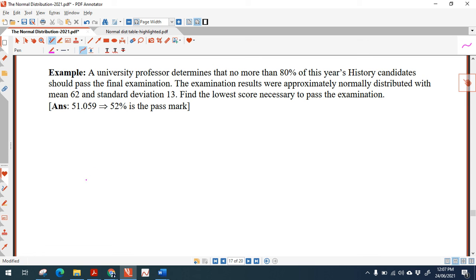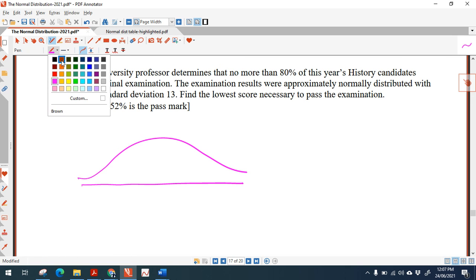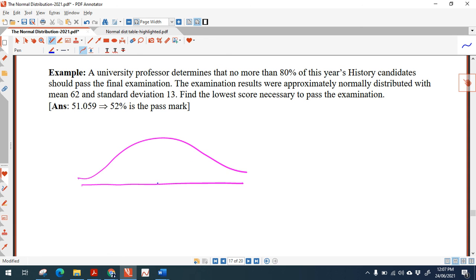Okay, so let's just draw a little sketch here. There we go. All right, so no more than 80% can pass. So we know in the middle, you've got 50%, so that's here.